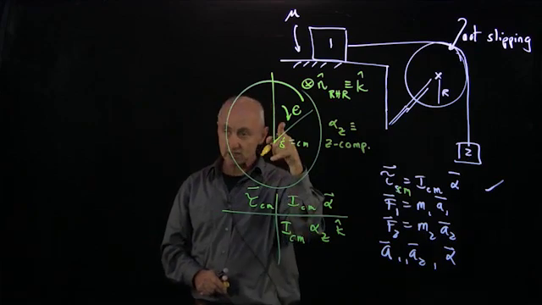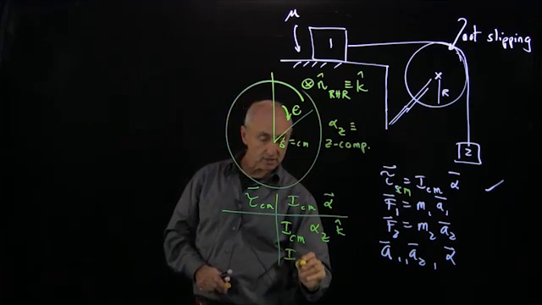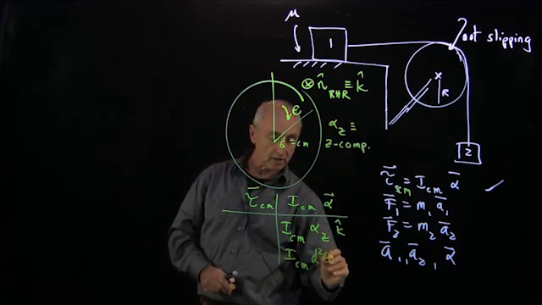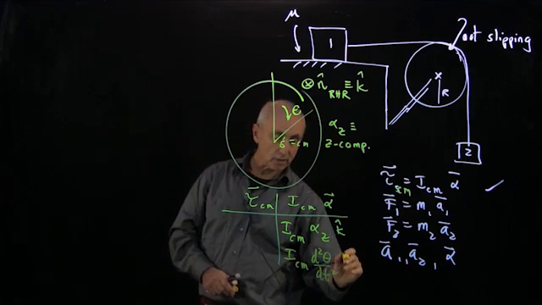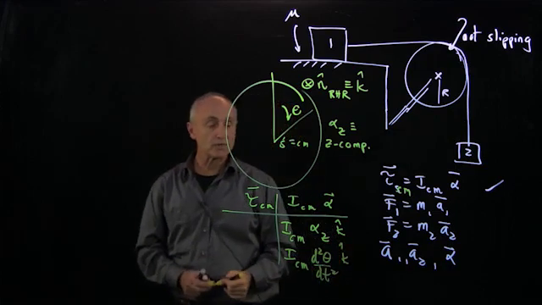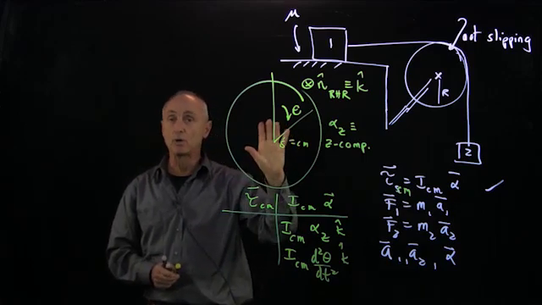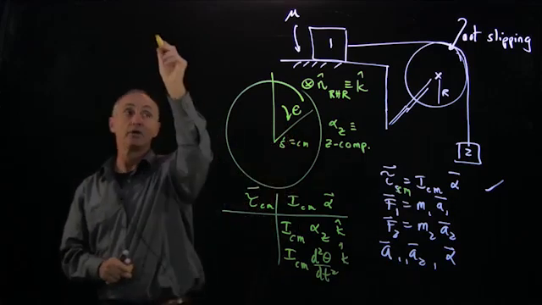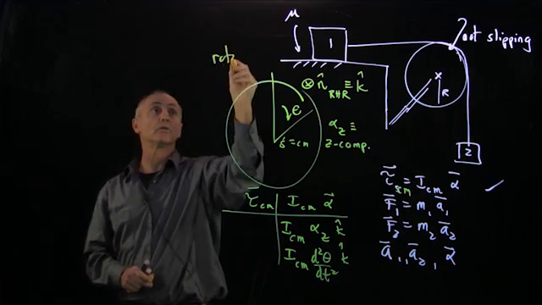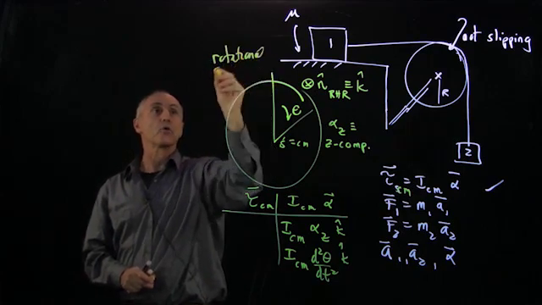And technically, the reason this angle is there is because alpha is the second derivative of that angle, and that's well defined now. So the next step is to define the forces and do what we call a torque diagram. So this is my rotational coordinate system.